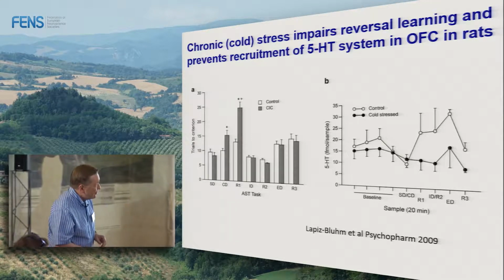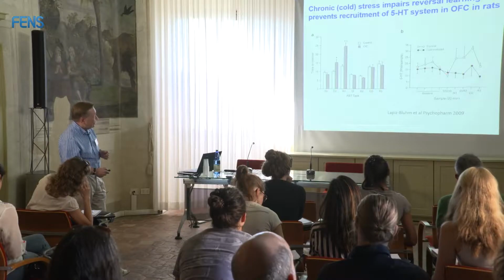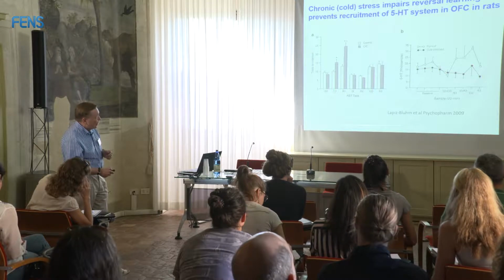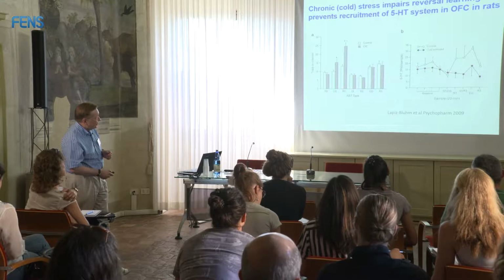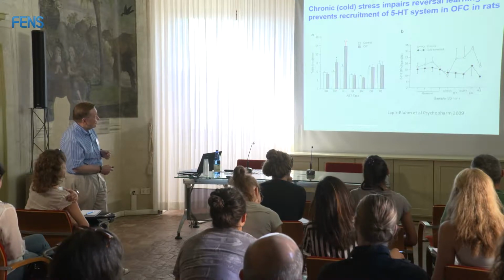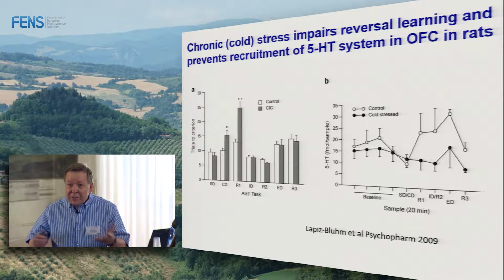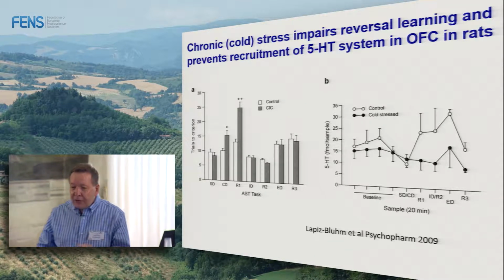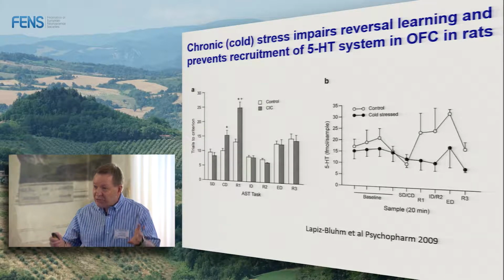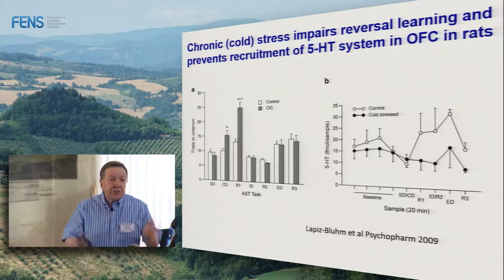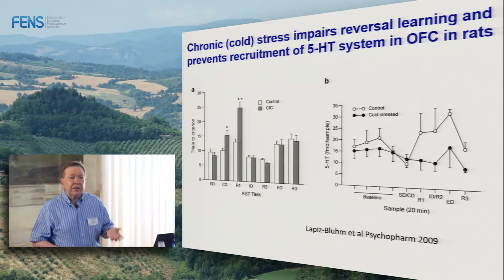And in fact, if you measure 5-HT with dialysis in the frontal cortex, you can see here how in the cold stress animals, serotonin is depleted during performance of this task, notably including the point where reversal is happening. So clearly, serotonin is implicated in reversal learning, and if you give these animals a drug which boosts serotonin, citalopram, an antidepressant, it improves their reversal learning. So serotonin is implicated in this behavior.